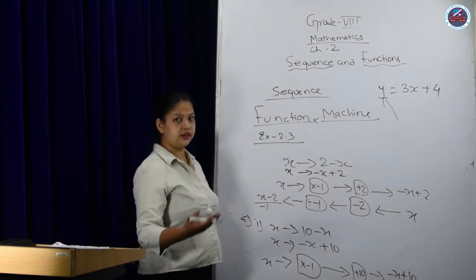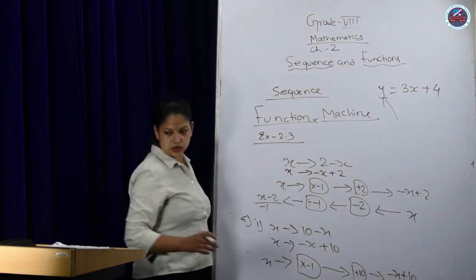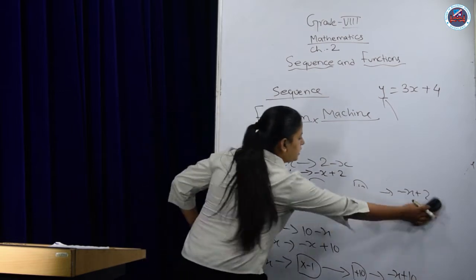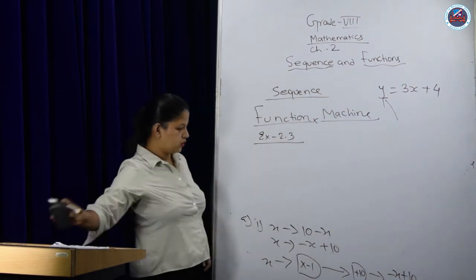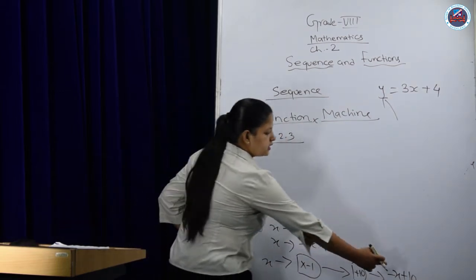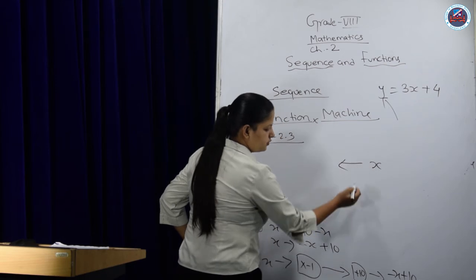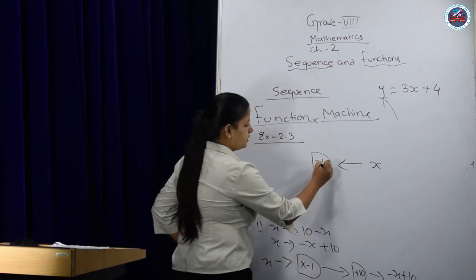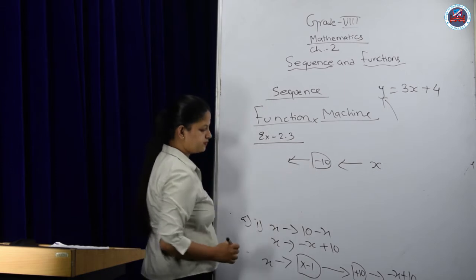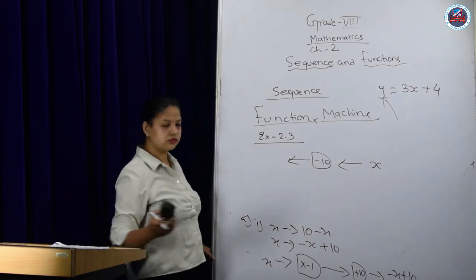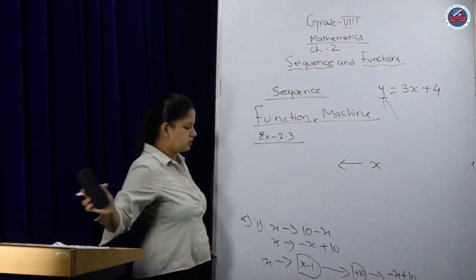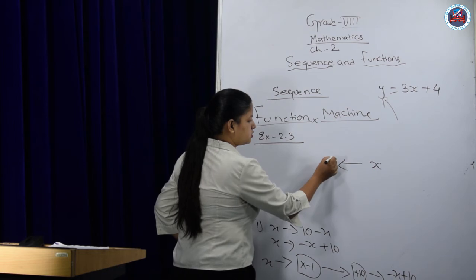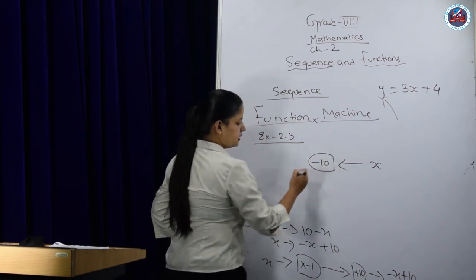Now your question is the reverse of it. So let me rub it out here and do it. What would be the reverse of that? In its place you write x; reverse, plus 10 will be minus 10. Furthermore, you have to change your direction also, it would be like this, minus 10.